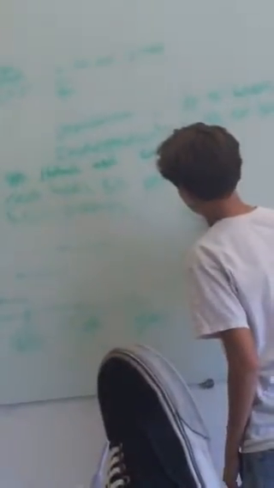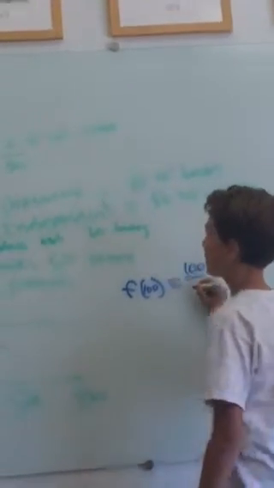And that would work well for numbers like 50, 100, and 150. We'll do an example with 100 right here. f of 100 equals 100 over 50.